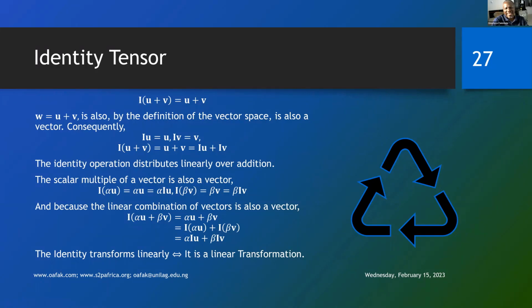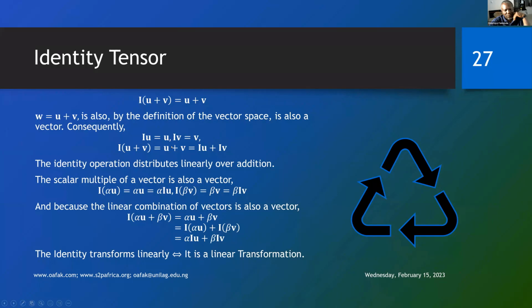Because remember, the identity transform does nothing. If you apply it to U plus V, which is a vector, you can call it W. That means it's W you will get at the end, by the definition of the vector space. Consequently, if you transform U, you get U. You transform V, you get V. If you transform U plus V, you get U plus V.